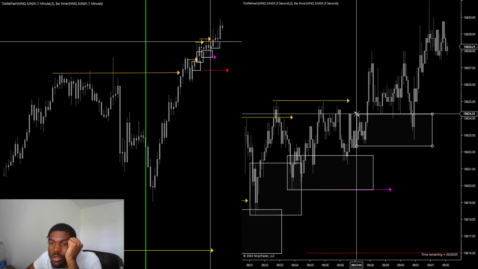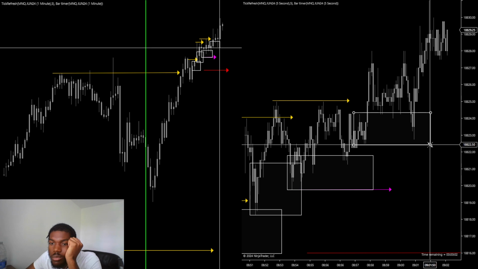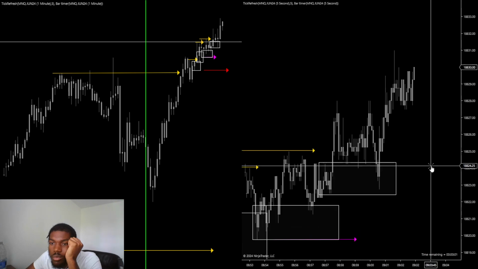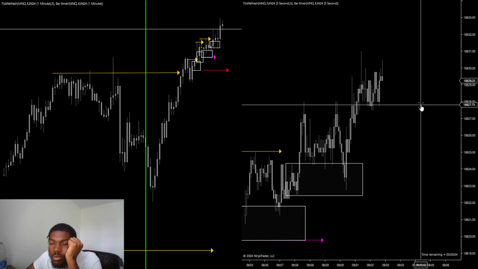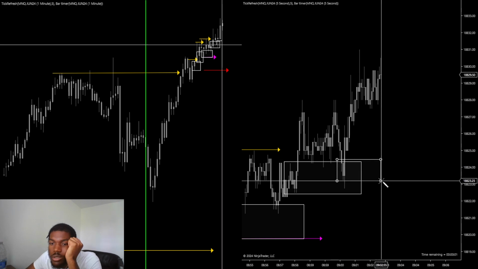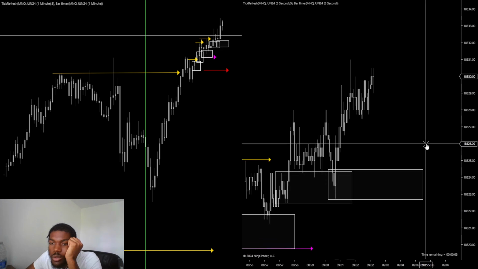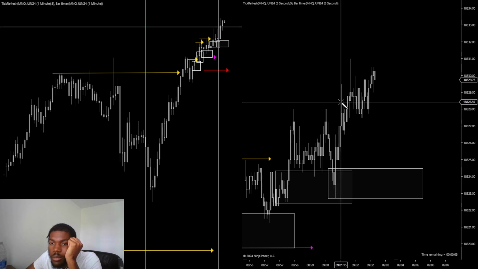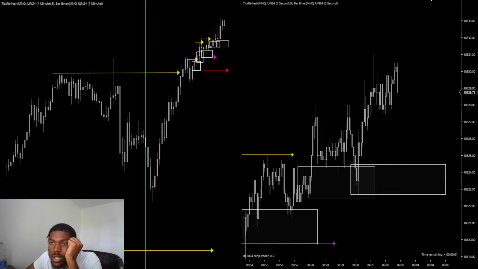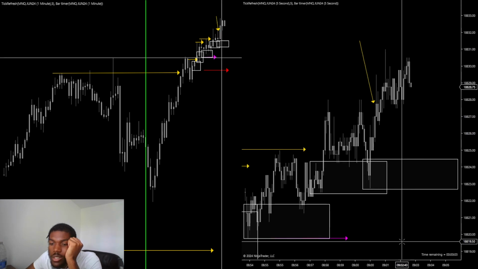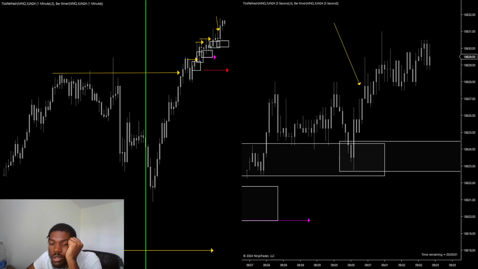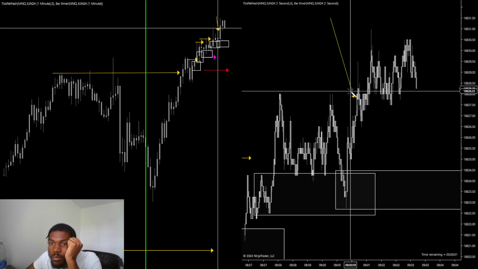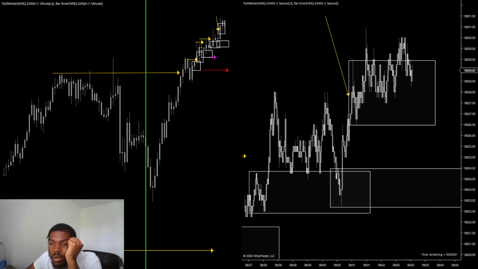You guys see where these areas are reacting from? We've got the last down candle here. This is a techie one, but this is the last pullback, but jeez, I guess this whole area here.